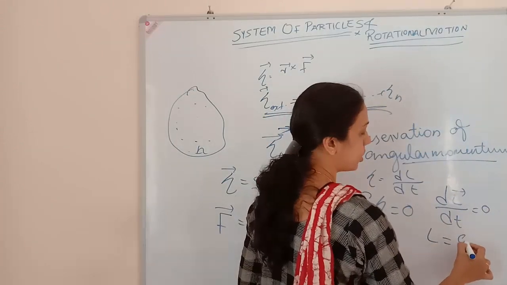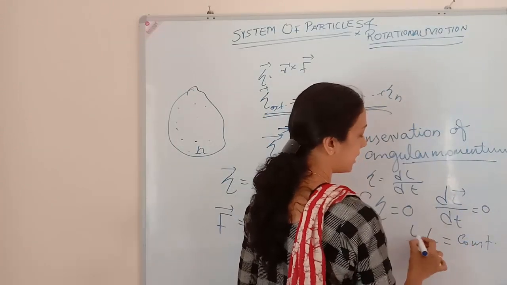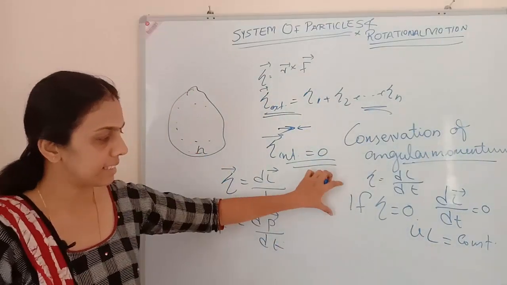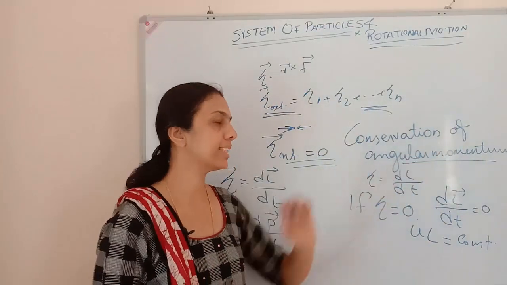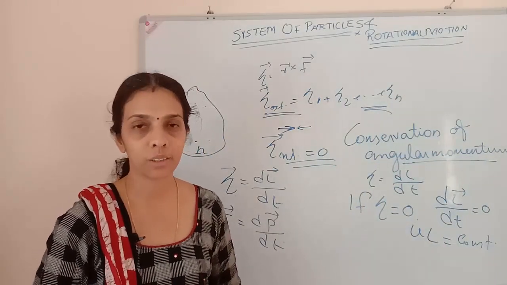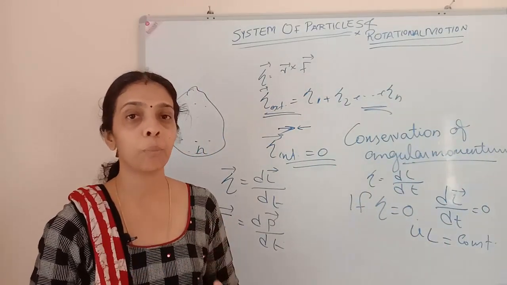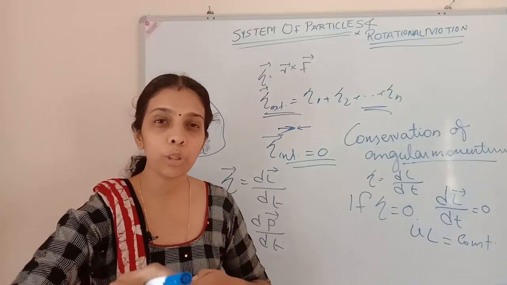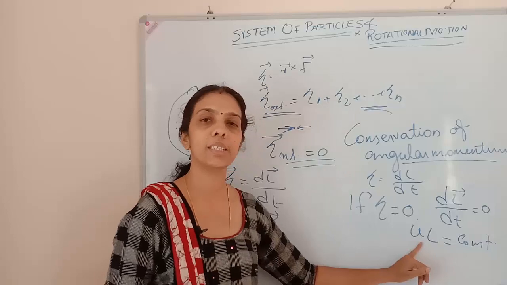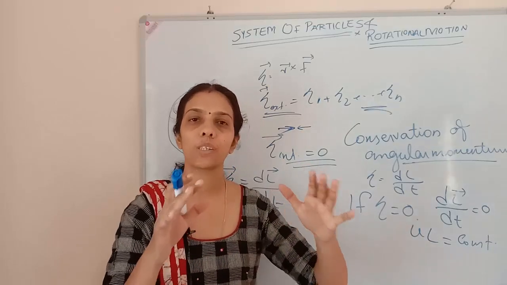When L is a constant, then dL by dt is 0. So if you write this as a sentence: if the net torque acting on the system is 0, that means there is no torque acting on the system, then the angular momentum will remain constant.